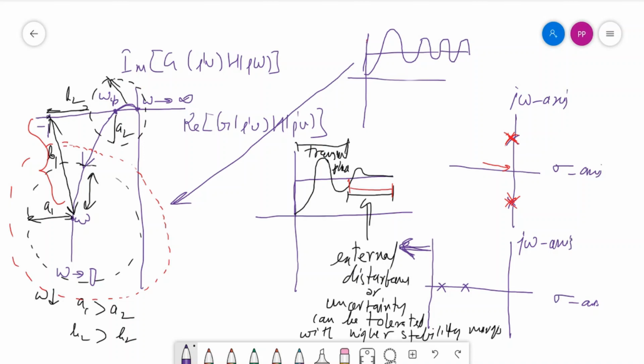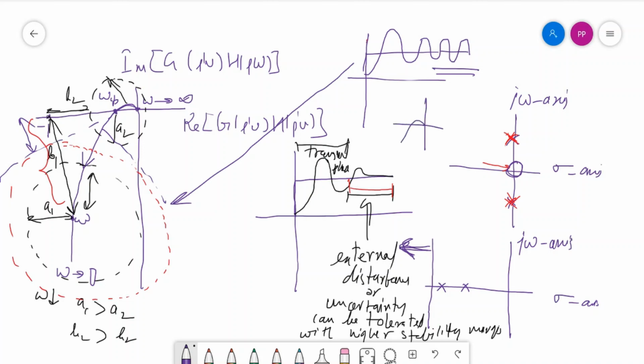We can say that the plot will be having a bigger sense of magnitude variation because of this sustained oscillation near steady state or zero frequency, because of which the margin of stability will reduce. So we can understand that if the roots are on the imaginary axis, then the margin of stability can be correlated with the situation.